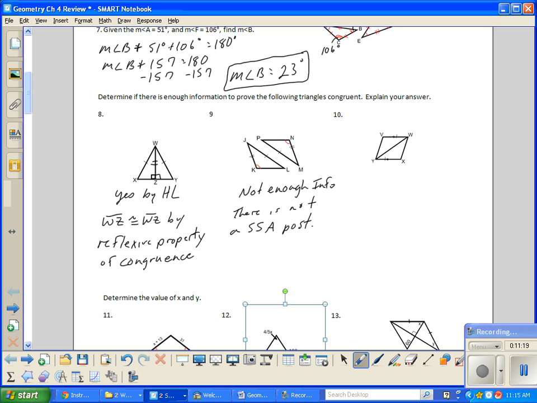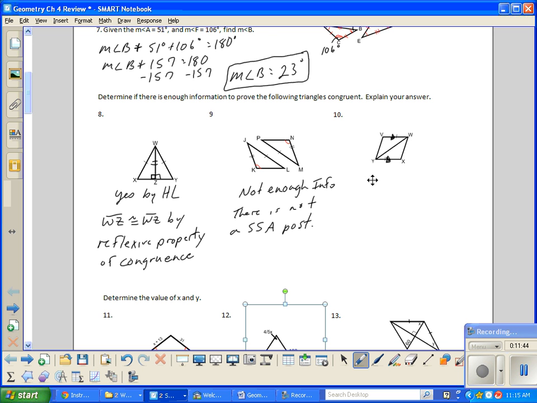Then number 10, I don't know if you could see it the way that was copied, but there were little arrowheads on those top and bottom lines saying that those 2 lines were parallel. So since those 2 were parallel, they gave us that VW was congruent to XY.